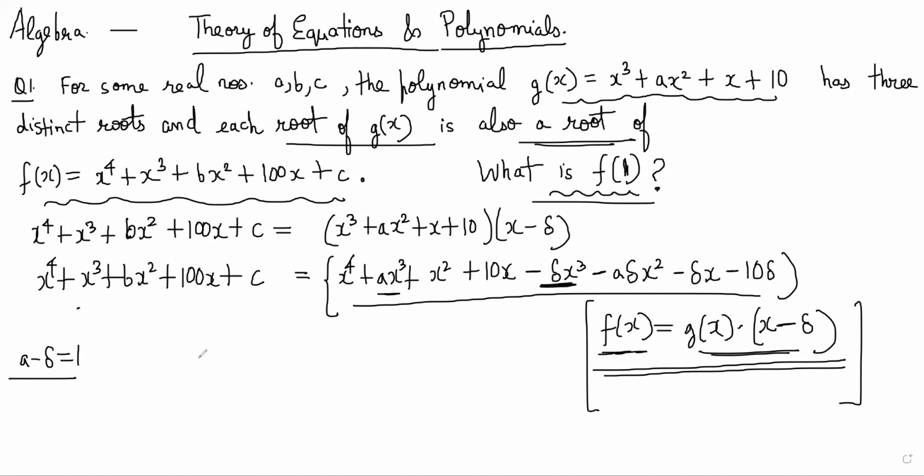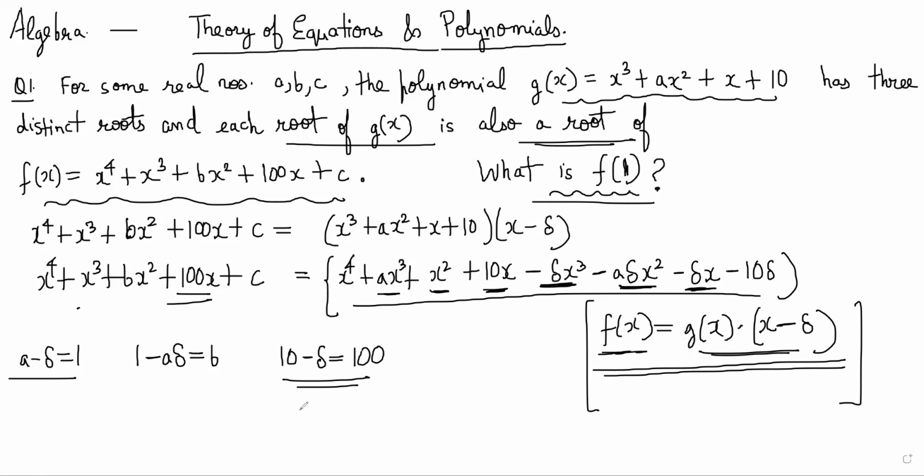That is the first relation. x square is this and this. So you get 1 minus a delta should be b. 100 here, x is here, and x is here. So 10 minus delta should be equal to 100. So that gives us delta, right?